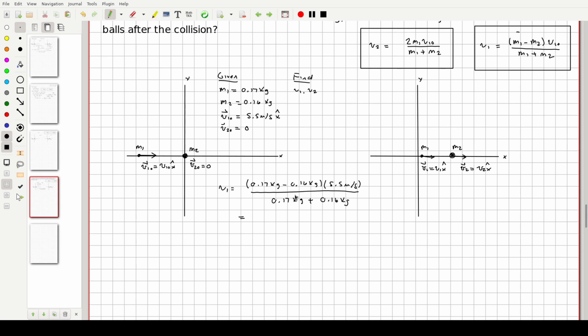My calculator. So 0.17 minus 0.16 times 5.5 divided by 0.17 plus 0.16. I get a velocity after the collision of about 0.17 meters per second.